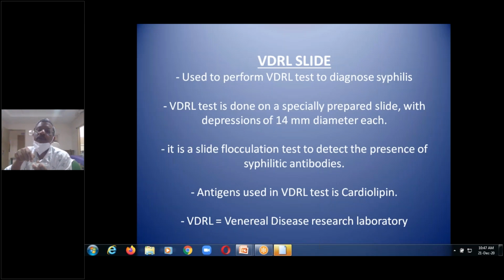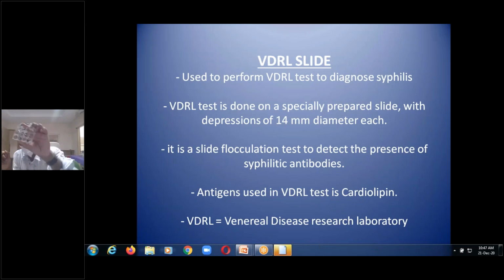Suppose the patient has syphilis antibodies in the serum, we can see floccules in the mixture. The floccule is nothing but the antigen antibody mixture. If there are no floccules, it means the patient doesn't have any syphilis antibodies.